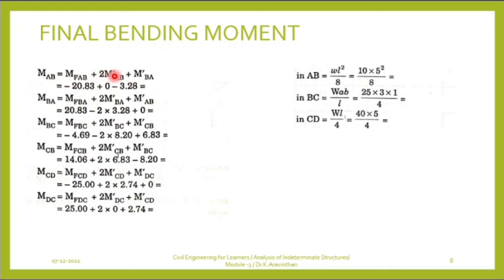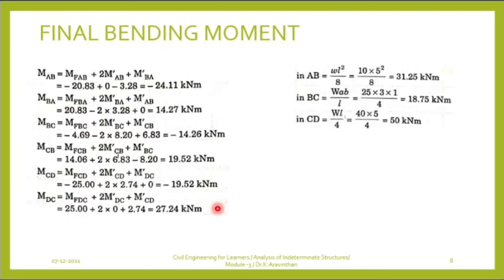You don't have rotational moment at AB, hence it will be 0. What is M dash BA? The last answer you got was 3.28, isn't it? So you will be substituting that, then you will be getting AB. The same way, substitute the rest of the values. M of BA is plus 20.83 plus 2 times M dash BA, 3.28, and M dash AB is 0.74. This will be your answer.